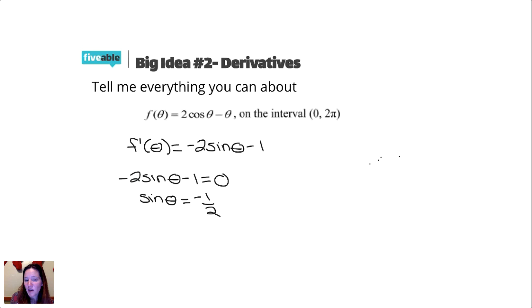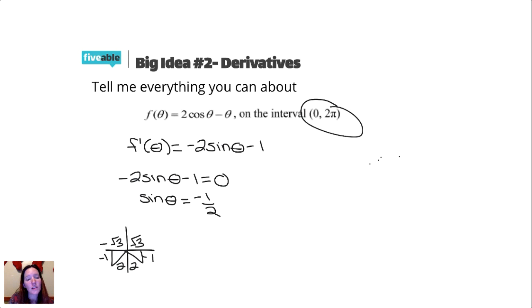So when I do sine theta equals negative 1/2, I'm looking for the values between 0 and 2 pi, which was written in the domain there, where sine of theta equals negative 1/2. So that happens, right, when the opposite side is negative 1 and the hypotenuse is 2. Little trig review here.